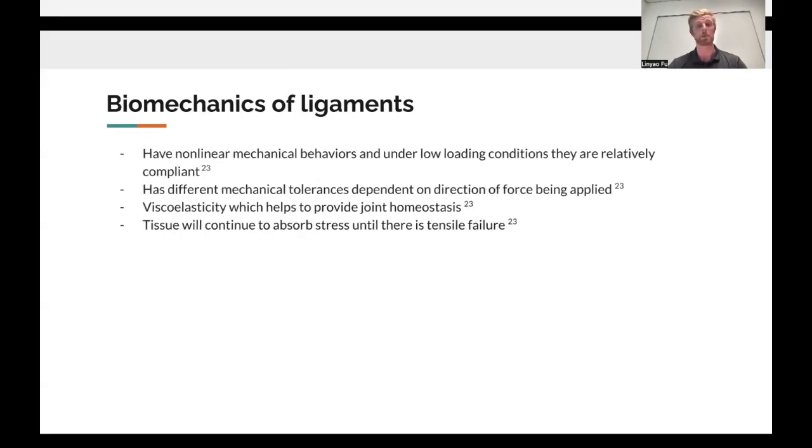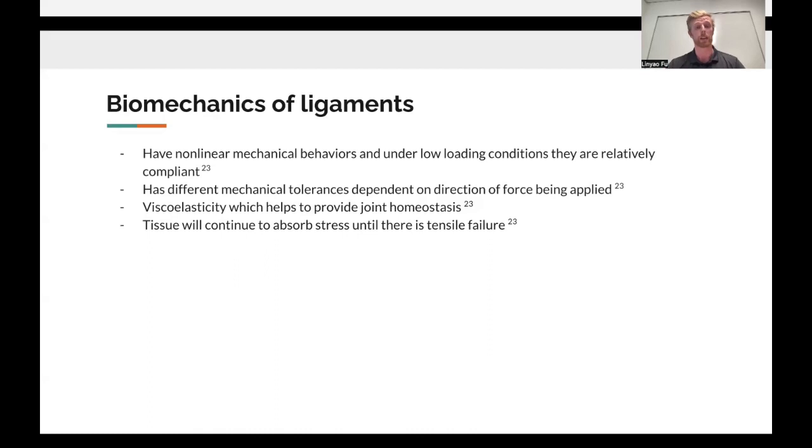Going on to the biomechanics of the ligament. Ligaments have nonlinear mechanical behaviors and are relatively compliant under low load. Depending on the stresses applied, they're going to have different mechanical characteristics, as we can see from the different mechanics of the components that were discussed earlier.